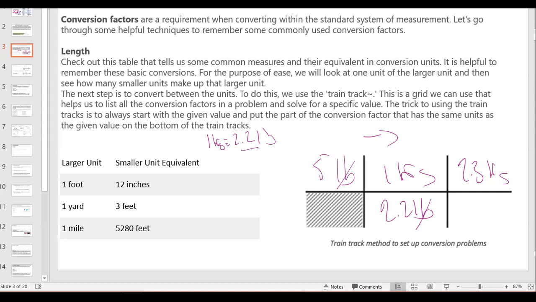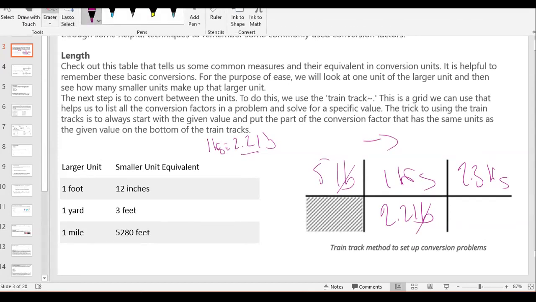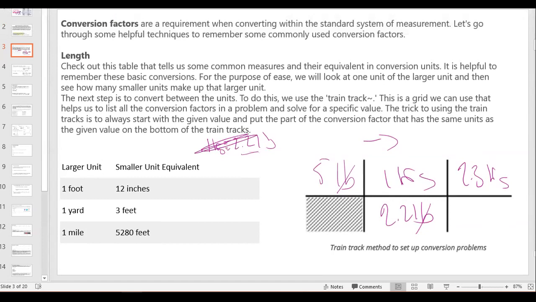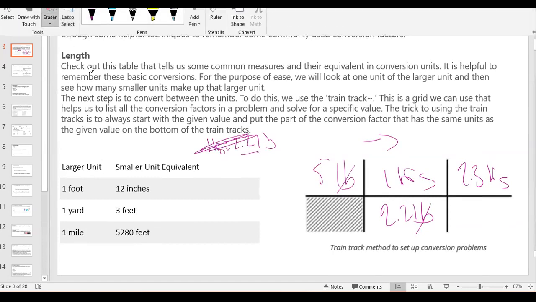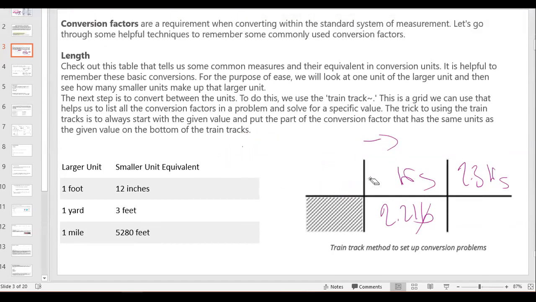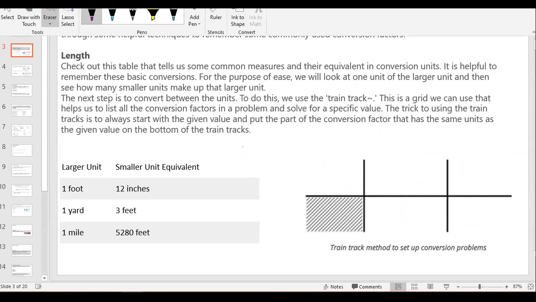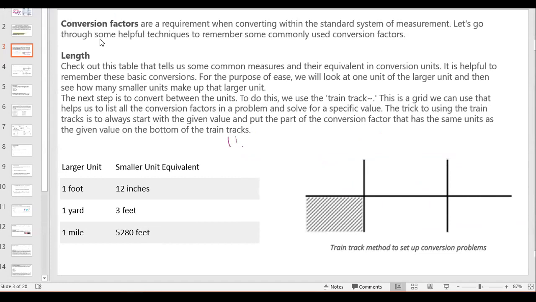So the other way that we can do it is through ratio proportion. Ratio proportion is just doing it through the butterfly method, right? So that's a little bit different than this. Our ratio proportion is just going to be 1 kilogram is 2.2 pounds equals, and then I have 5 pounds.